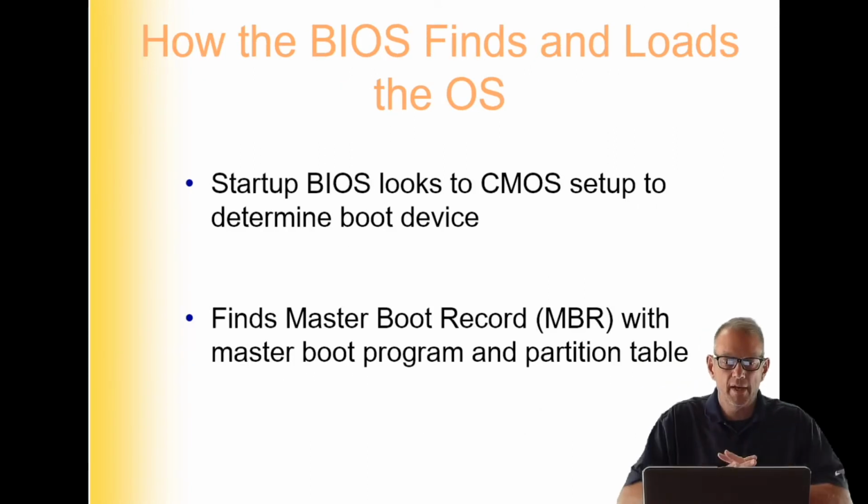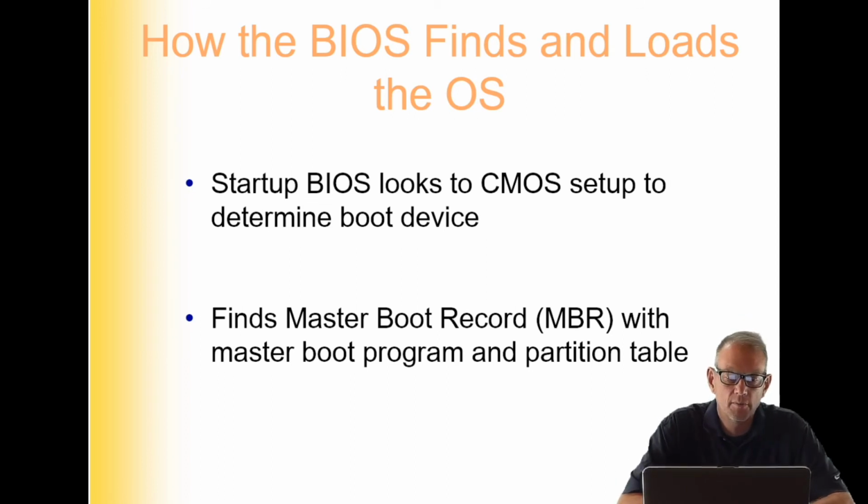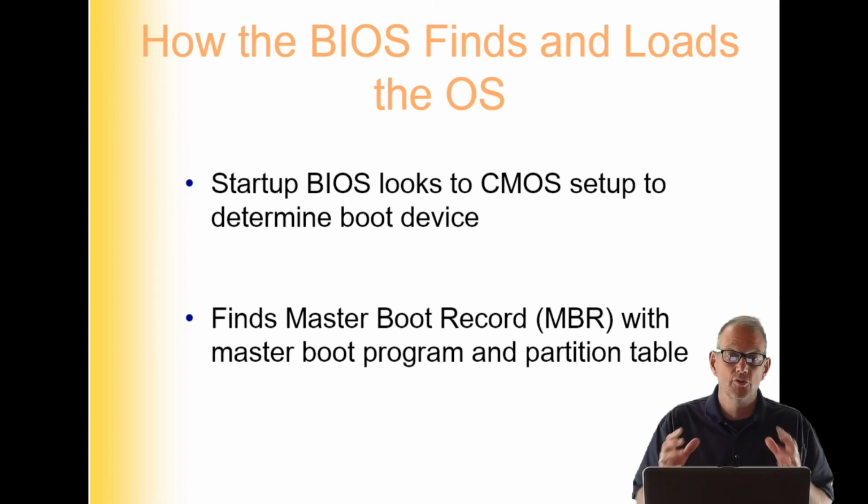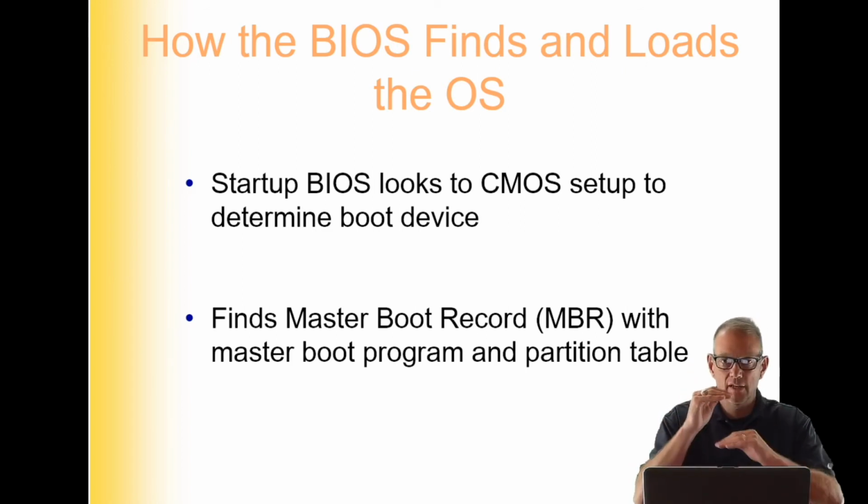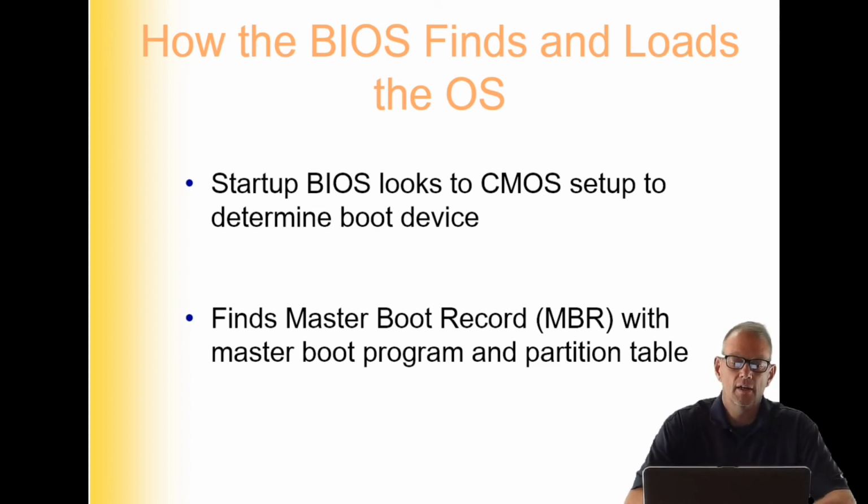So the startup BIOS looks to the CMOS to determine what device it wants us to boot from based on the order that we put in. And then it looks for that master boot record on those devices. So we set up that list of, hey, look here, then look here, then look here. And it looks at those in that order so that it looks for something it can boot from.